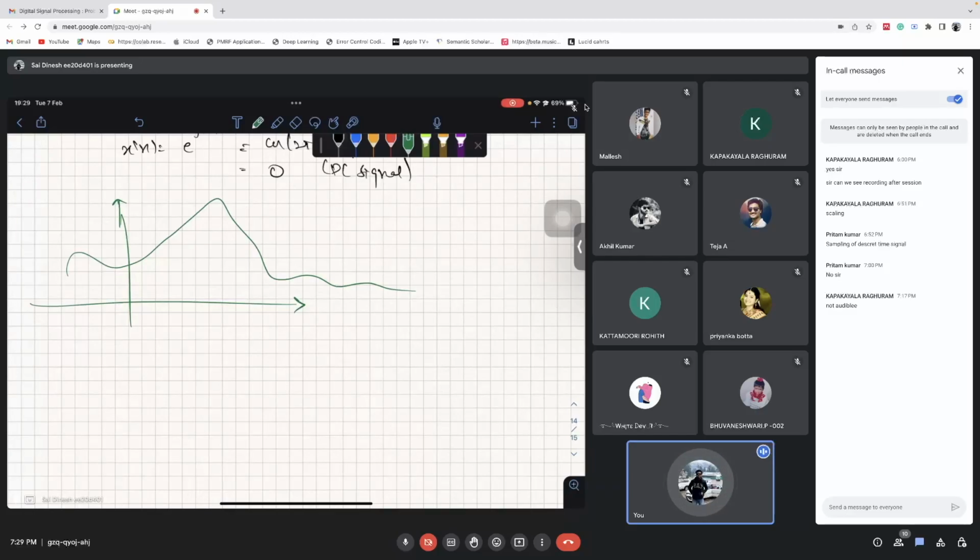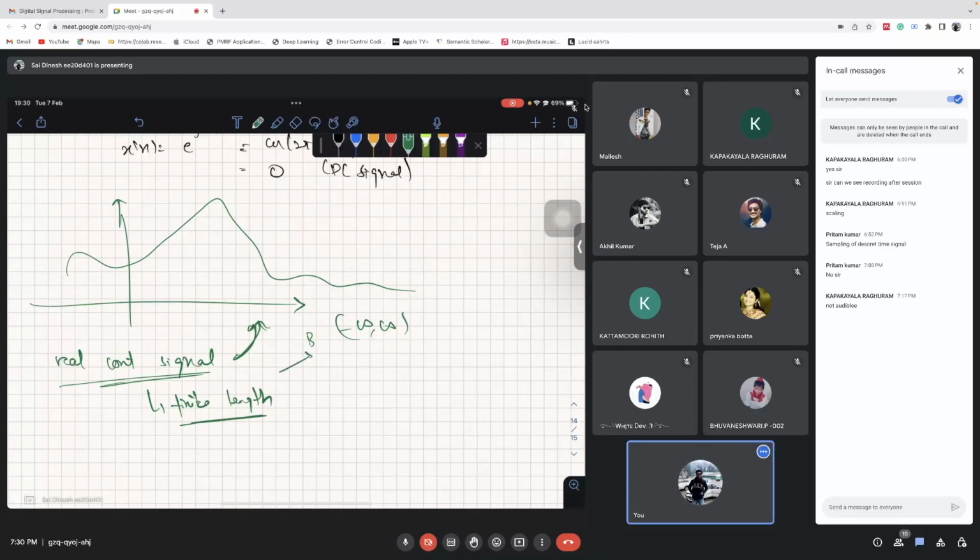If you have a real continuous signal that you generate, and you look at the Fourier domain, the frequency domain, the frequencies that it is composed of, if this signal is finite length, it has frequencies over the entire range from minus infinity to infinity. If it is finite length, bandwidth belongs to the entire minus infinity to infinity. Is it even possible to store this signal?